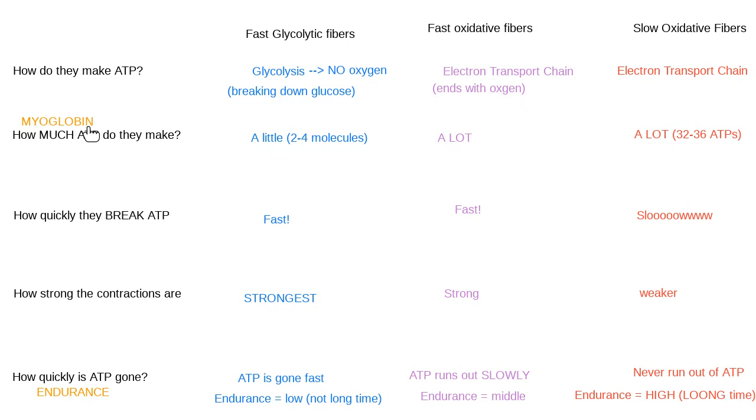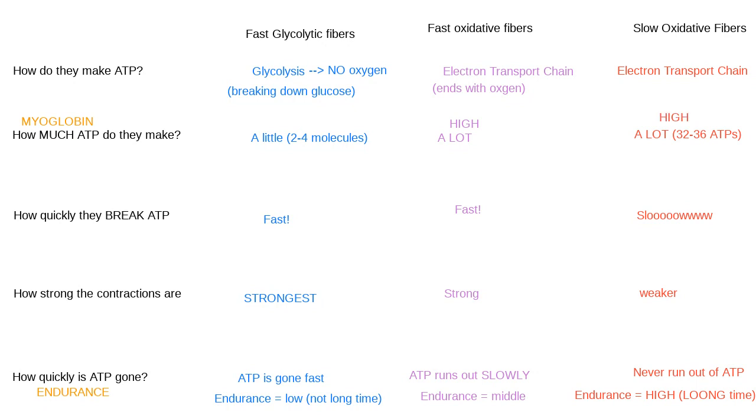The types that use oxygen are the ones that are oxidative. Their name even tells us that, right? Oxidative, we need oxygen. So the level of myoglobin in a fast oxidative fiber is going to be high. The level of myoglobin in a slow oxidative fiber is going to be high.